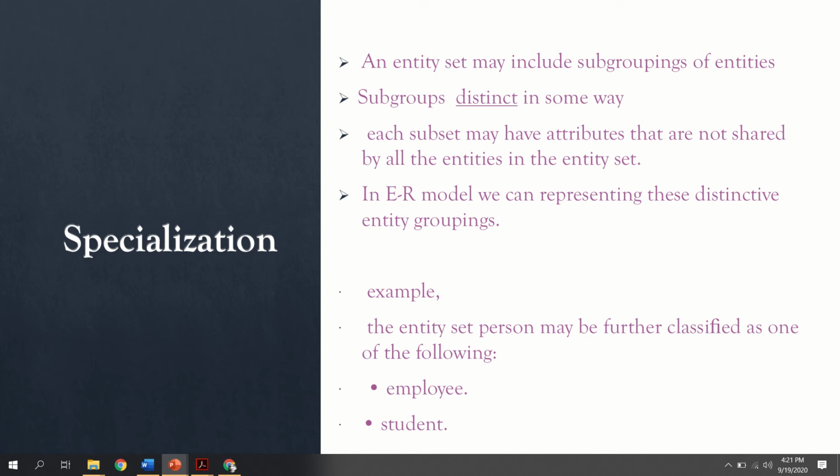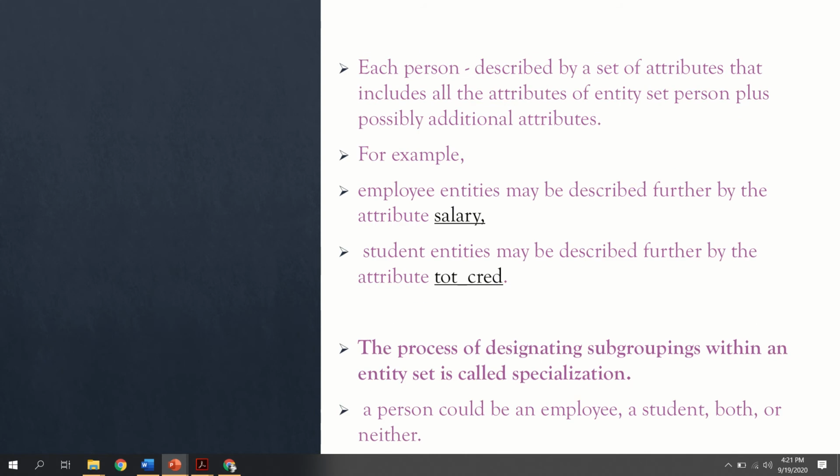There may be some property or attribute which is common to each subgroup. For example, if you are taking the employee, a particular attribute will be present, called the salary, which is not available for the student. If you are taking a student as a subgroup, they may not have a salary as an attribute, but they may have a total credit.